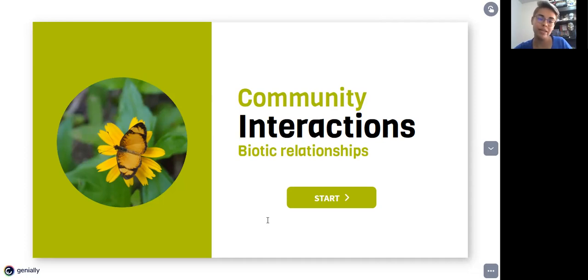These are called community interactions because if you remember the ecological levels, I'm going to put it here so you can remember. Ecological levels. We start with populations. That means it's the same species. Then a community, that's when we're talking about different species.